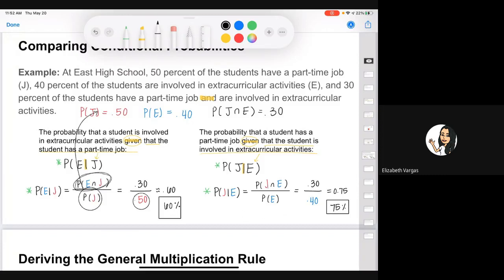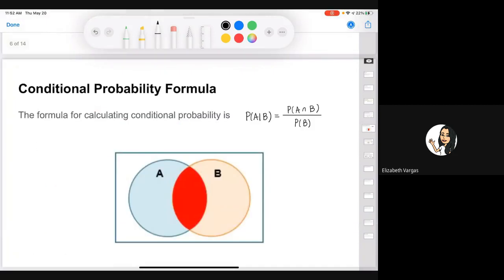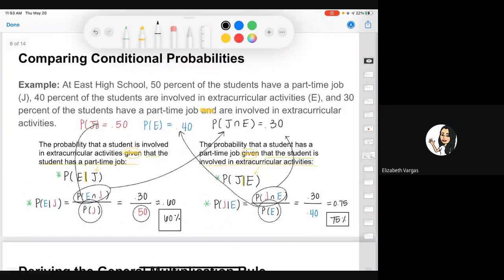The probability of E and J is 30, so I'm plugging that in and then solving. The probability of E is right there. I'm plugging that in. The probability of J and E, right there, and I'm plugging that in and solving. Okay? So basically, we can use this equation to solve for the conditional probability. Okay. Questions about this? Okay.